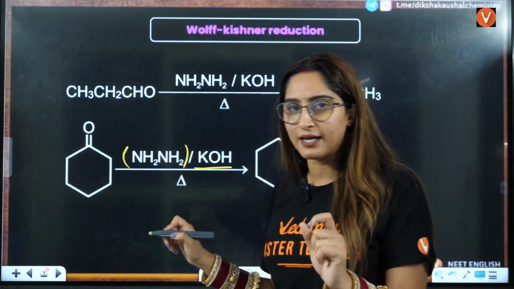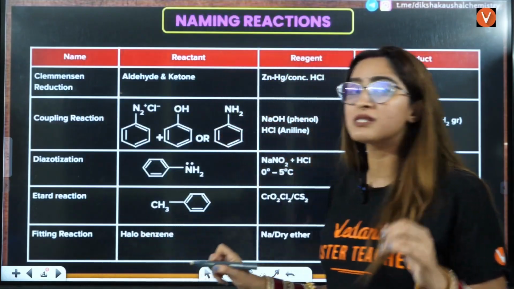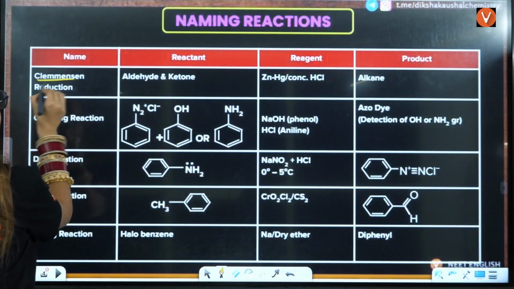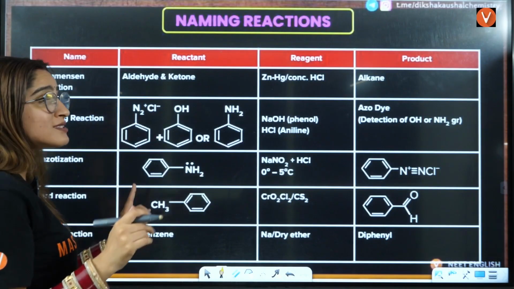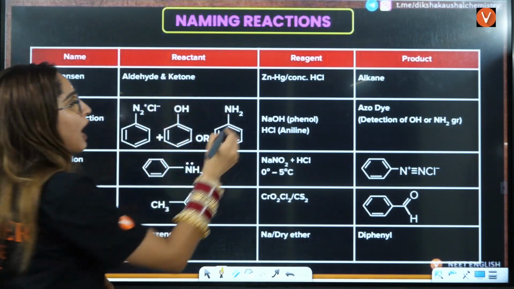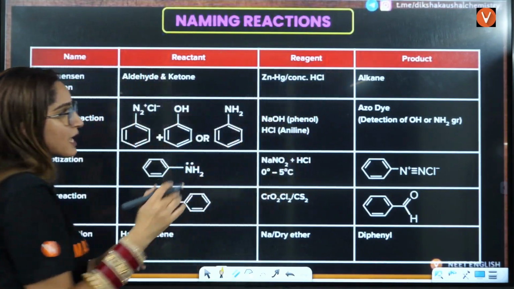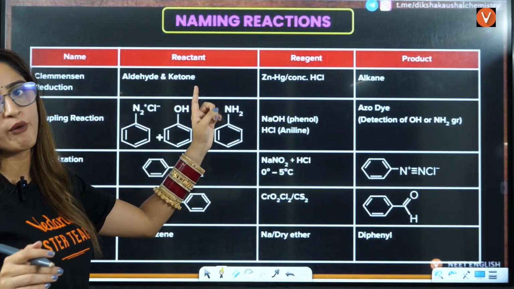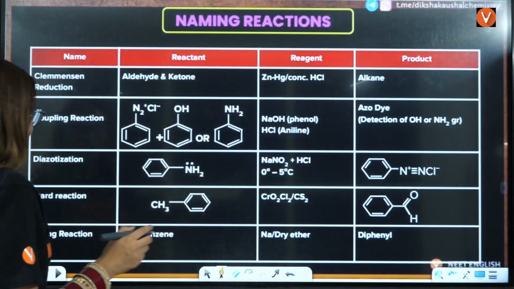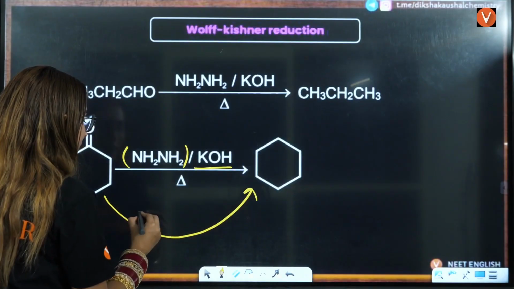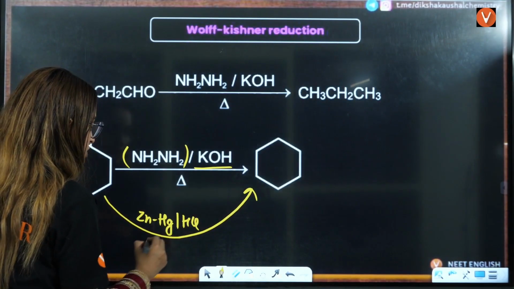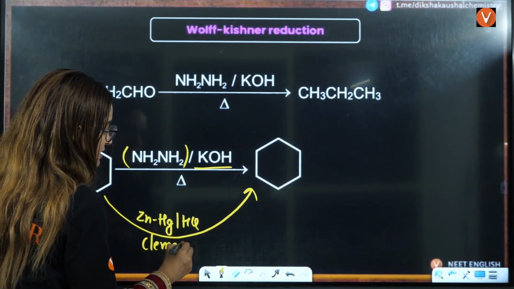But when you do the same thing under acidic conditions, that is Clemmensen reduction, instead of hydrazine and basic conditions, you have zinc amalgam and concentrated HCl, and from a ketone or aldehyde you will easily have the formation of alkane. That means the same reaction, but in presence of zinc amalgam and acidic condition. That will be your Clemmensen reduction.